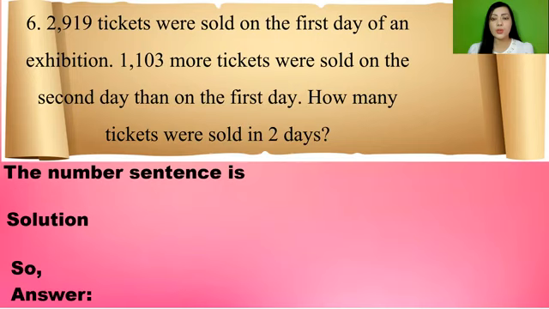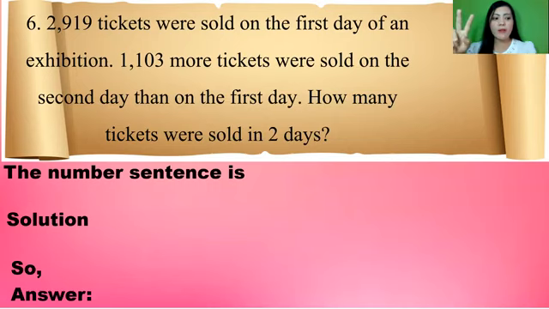2,919 tickets were sold on the first day of an exhibition. 1,103 more tickets were sold on the second day than on the first day. How many tickets were sold in 2 days?